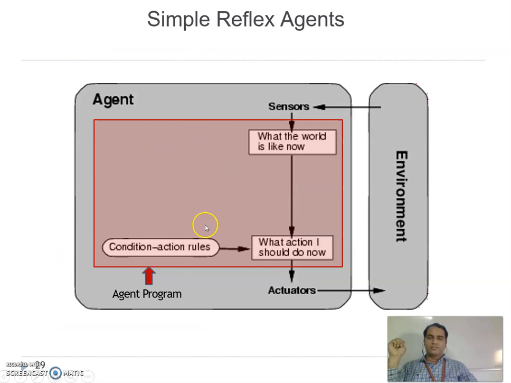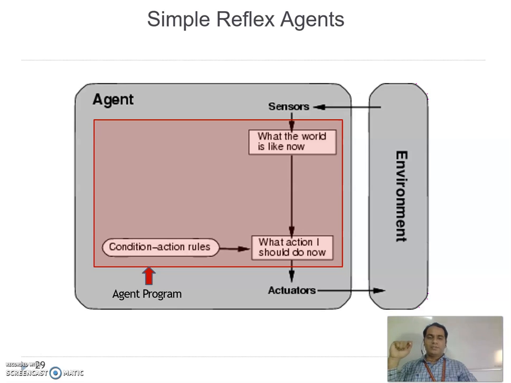So this is the structure of a simple reflex agent. Every agent has this structure, which you should remember: environment and agent. The agent takes input from the environment using the sensors and performs actions through the actuators. Now, within the agent, what differs from agent type to agent type?